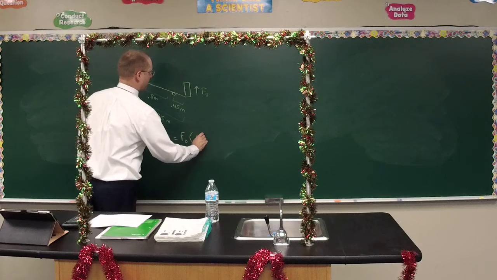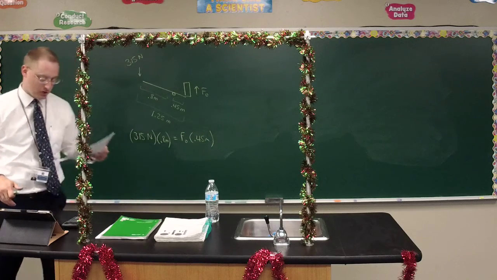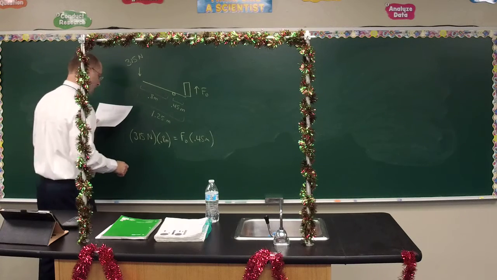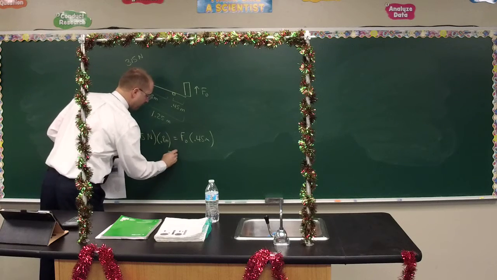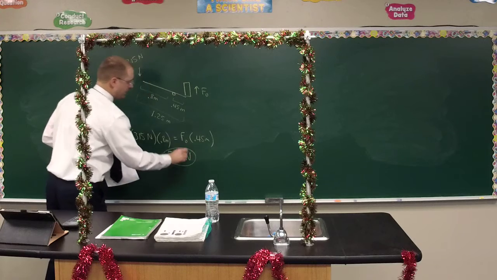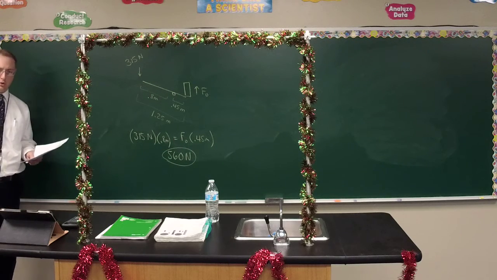Output lever arm 0.45 meters. We multiply, we divide, and we end up getting how much output force on the fence post. It came out evenly to 560 newtons, which is already 2 sig figs, which is what I needed. So 560 newtons is what I had also.